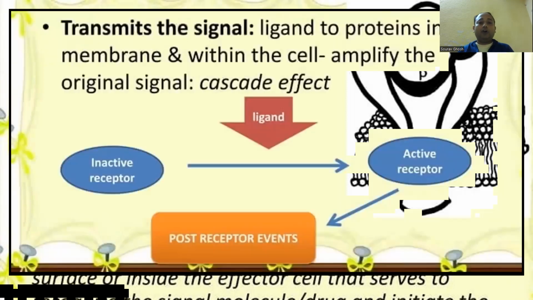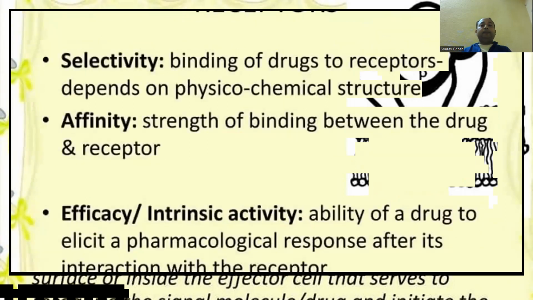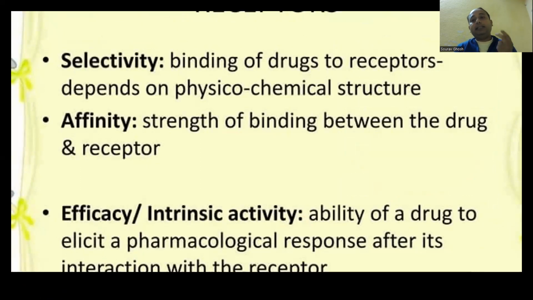Then if you're talking about agonist or antagonist, we should discuss two points, that is, one is selectivity and another is affinity. And what is selectivity? Selectivity is the binding of the drug to the receptor depending on their physicochemical structure.